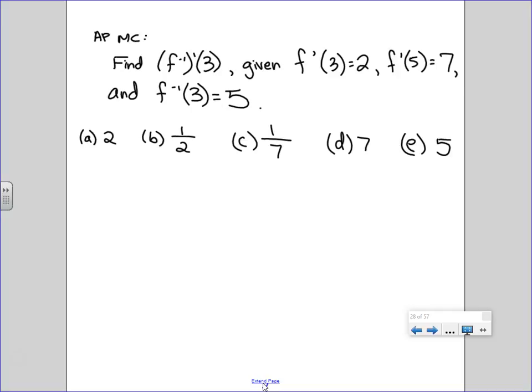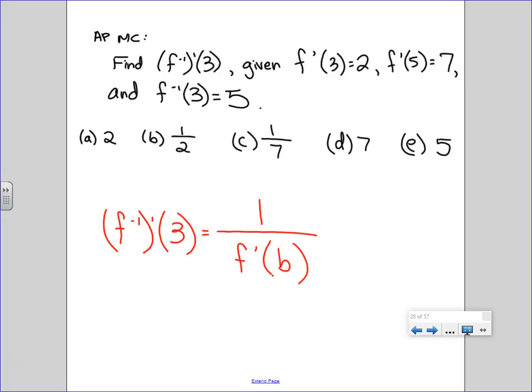Question. According to the formula, how do we find f inverse prime of 3? 1 over f prime of b, not 3.